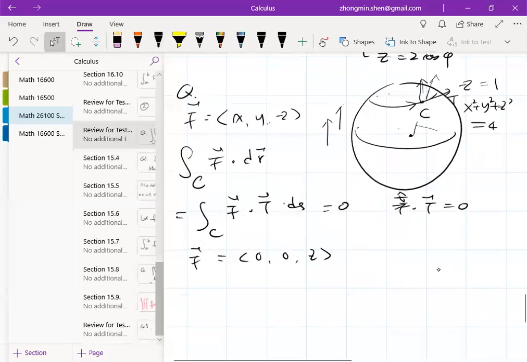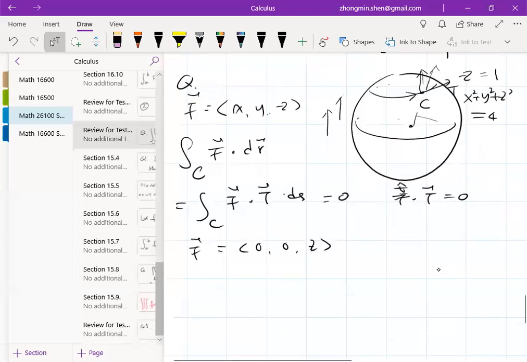So in this case, there are a couple of ways to do it. You can use Stokes theorem, right? You can also use the formula using parameterization for the curve, right? So my suggestion is you can solve the problem either way, okay?